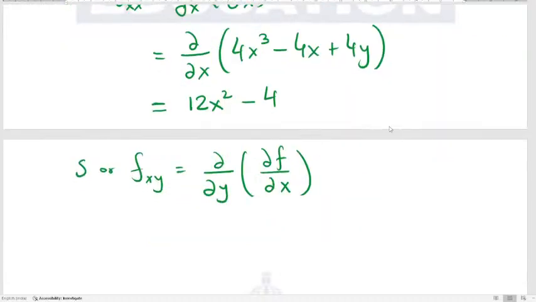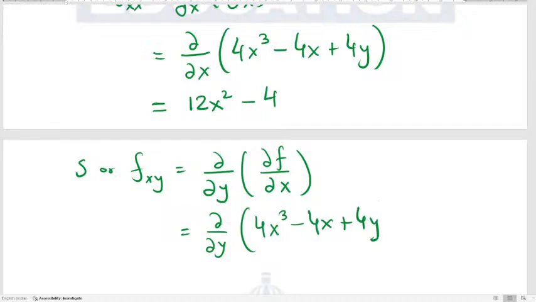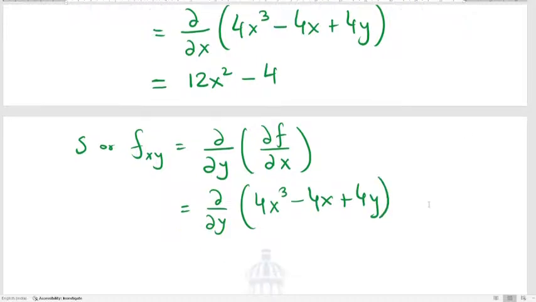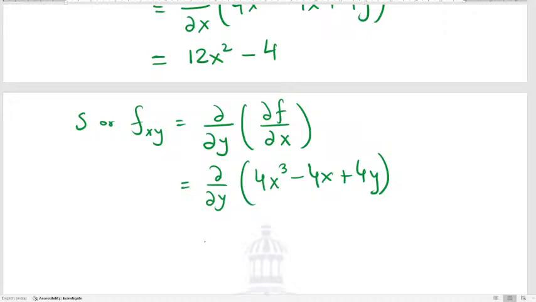So we have found that; and dou f by dou y is 4y cubed minus 4y plus 4x. And when we differentiate this partially with respect to y, the first term becomes 0, right? And the second term also becomes equal to 0. The final term has 4y, and when we differentiate that with respect to y, it becomes 4, right? So the value of s is equal to 4.